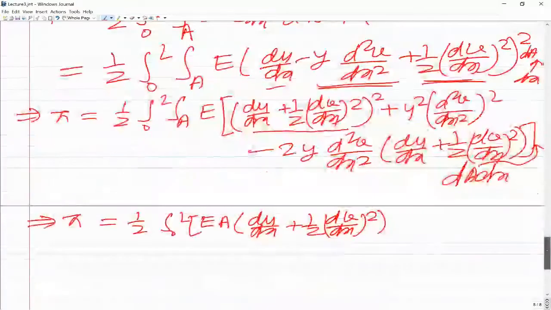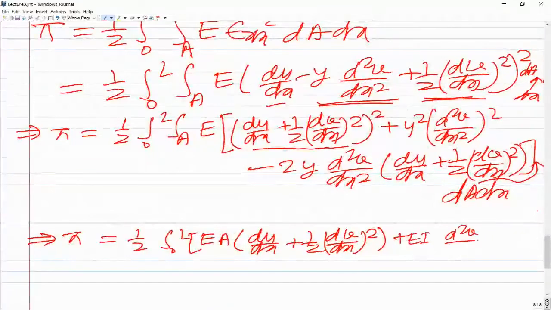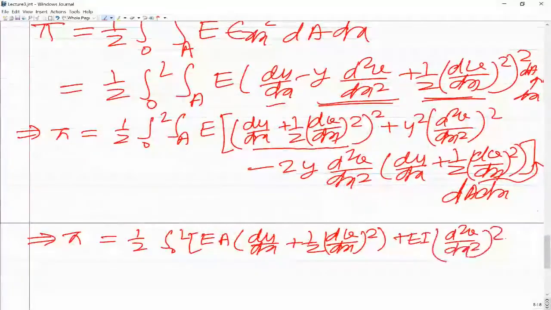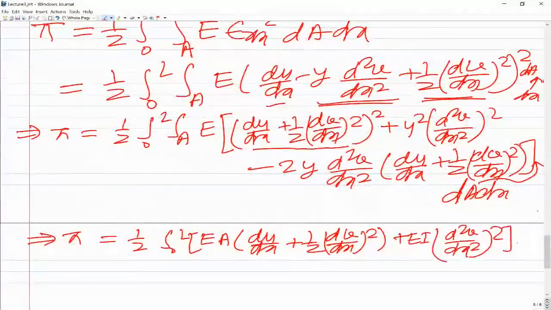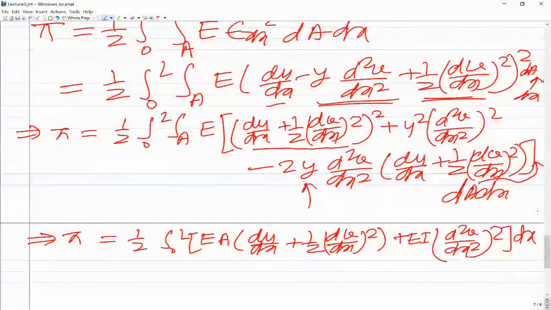The second term has the integral over the cross sectional area of y square dA, which is nothing but I. So the second term becomes EI into d2v by dx square whole square, with dx over here. Now the third term has the integral of y dA, and the origin of y is on the neutral axis, so integral y dA will be 0. So the third term will actually be 0.